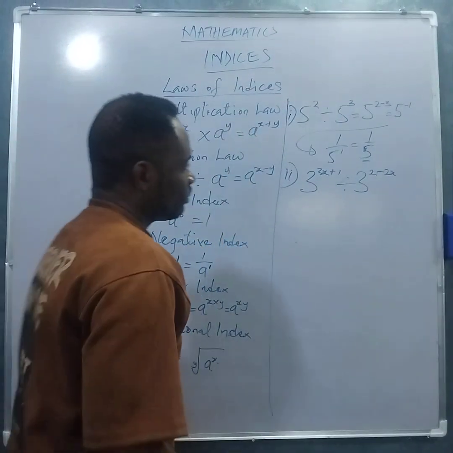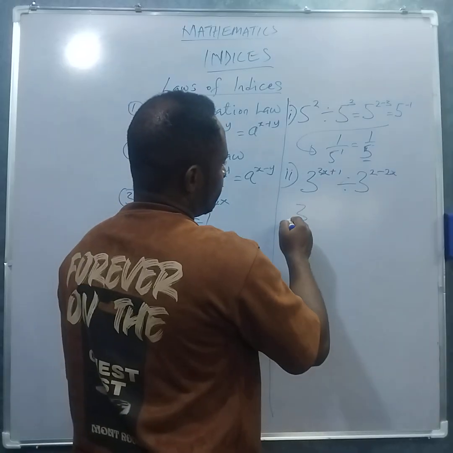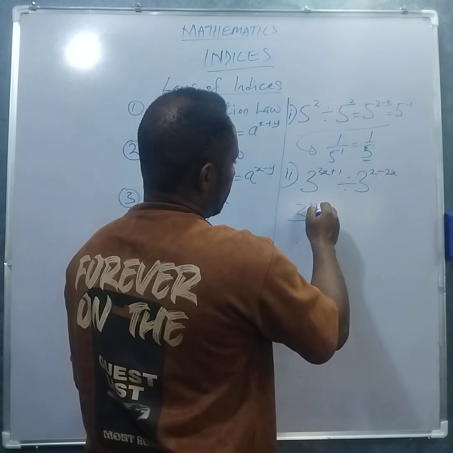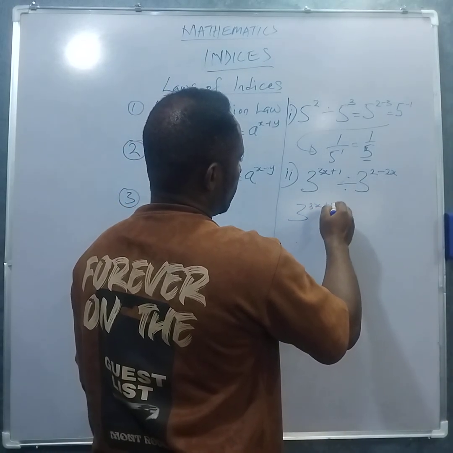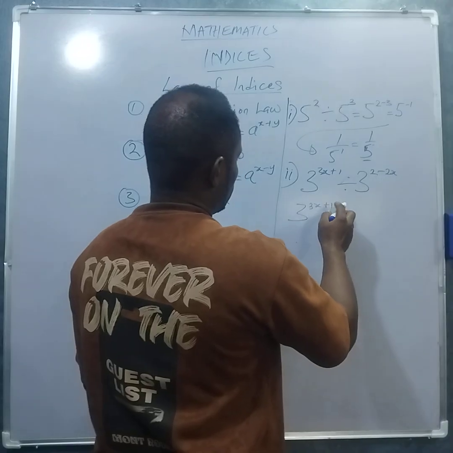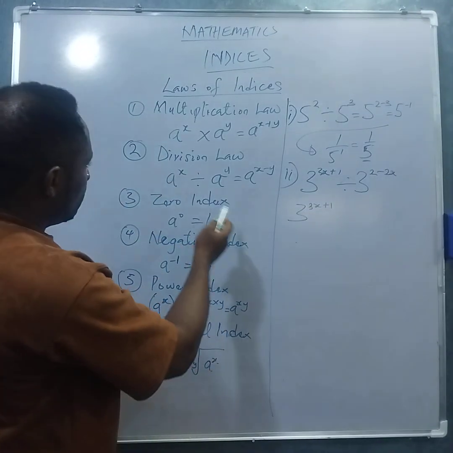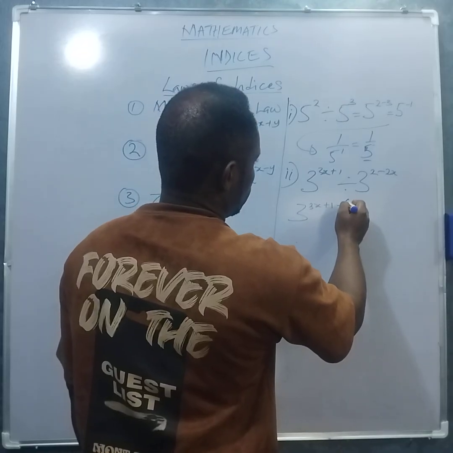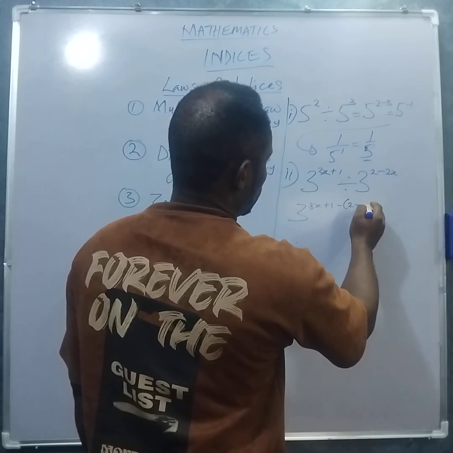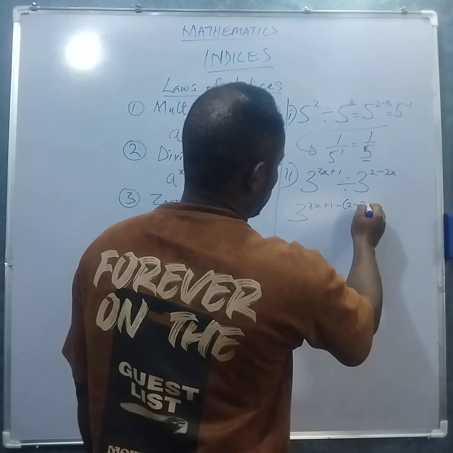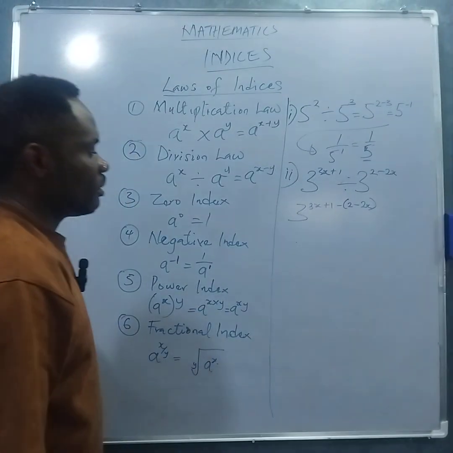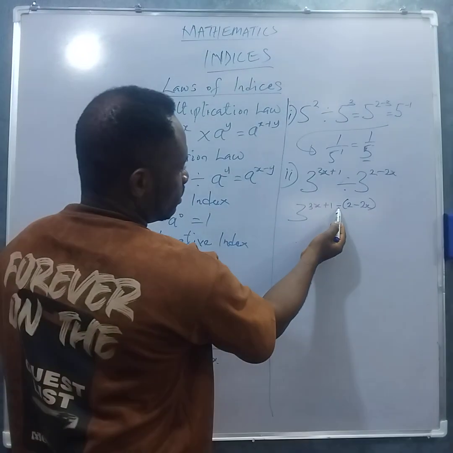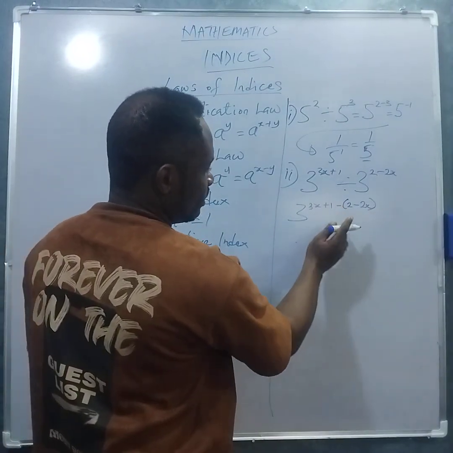Let's solve. This is the same thing as 3 raised to power 3x plus 1, then because this is division law, it will be minus bracket 2 minus 2x. Take note of this sign.